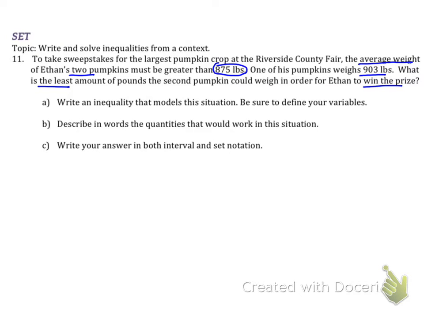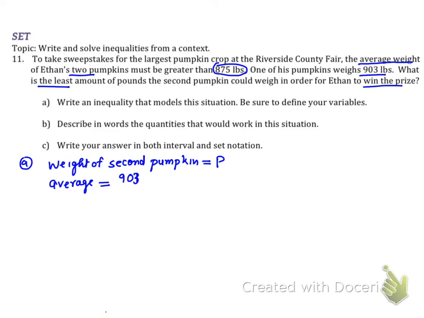So the average should be greater than 875. If I do the first problem, part A, and I assume the weight of the second pumpkin is P, so what is the average? You just add the weight of both pumpkins. So one of his pumpkins is 903 plus P, and when you take the average, you just divide.